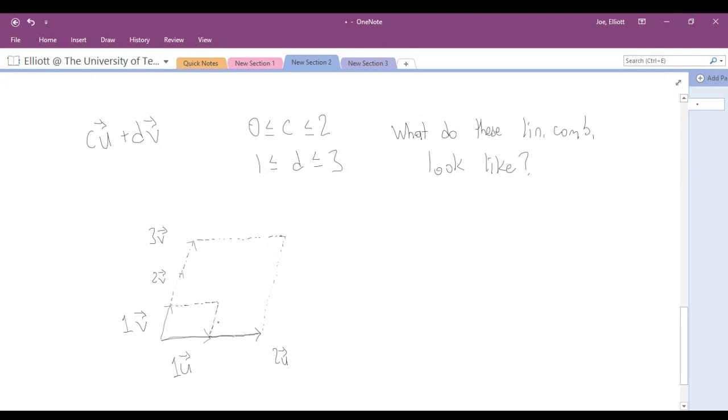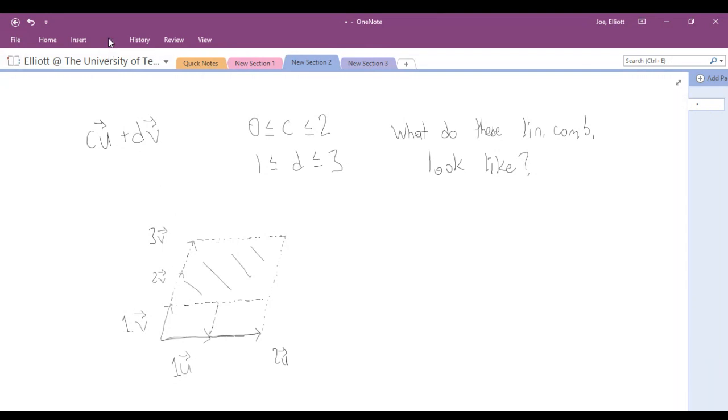Okay. So if c needs to be between 0u and 2u, but also d between 1v and 3v, that's going to place me inside of this region here, okay?